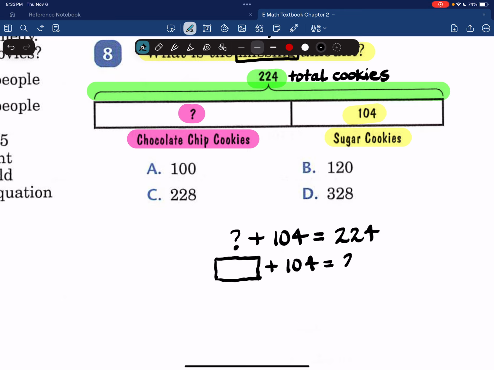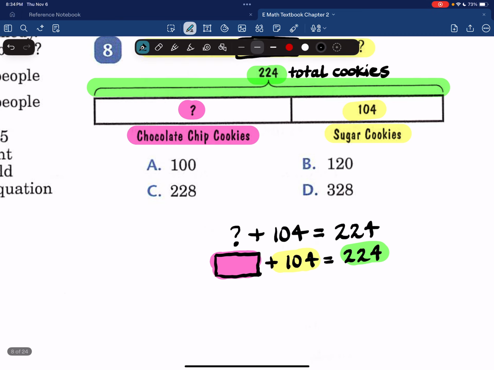I can do that for a question mark. You can always put a box in. And I happen to know that that box is that pink number. That's the chocolate chip cookies. The sugar cookies are the 104. We know that. And we know the 224 is our total.